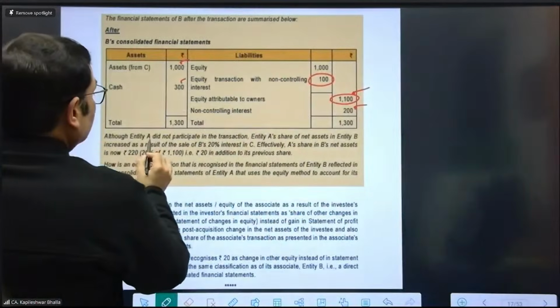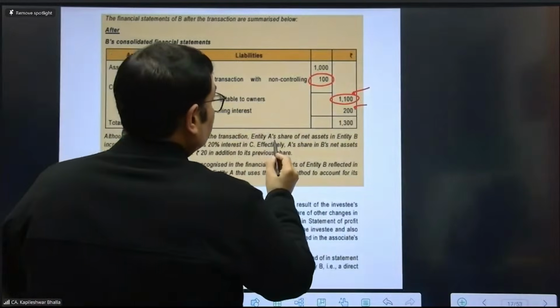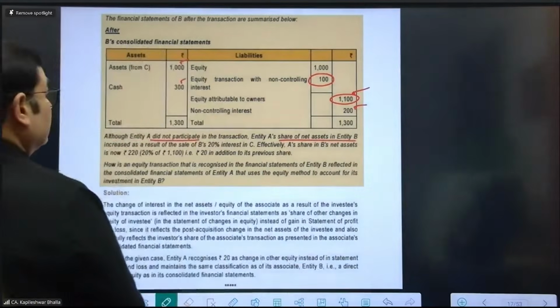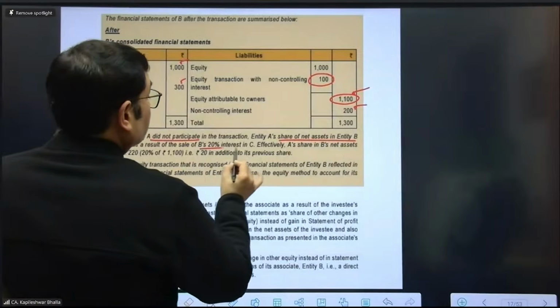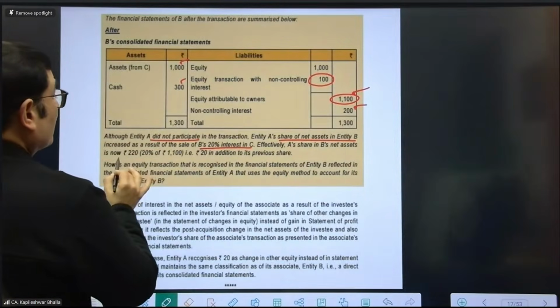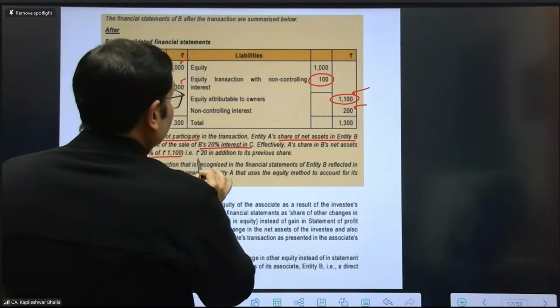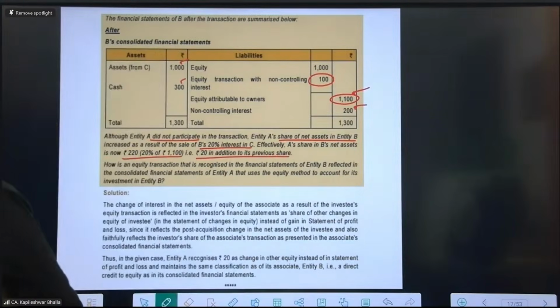So although A did not participate in the transaction, the entity A's share of net assets in B is now 20% of 1100, that is 220, which is 20 in addition to the previous share.